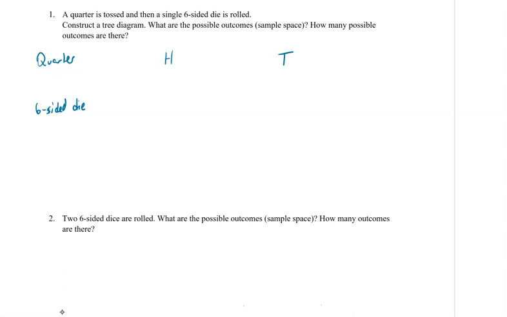Here's the thing though, we could have a heads on the quarter and then get the numbers 1 through 6. Or we could get a tails on the quarter and still get the numbers 1 through 6. So when linking up these first two, this just gives us a tree of different possibilities that can happen.